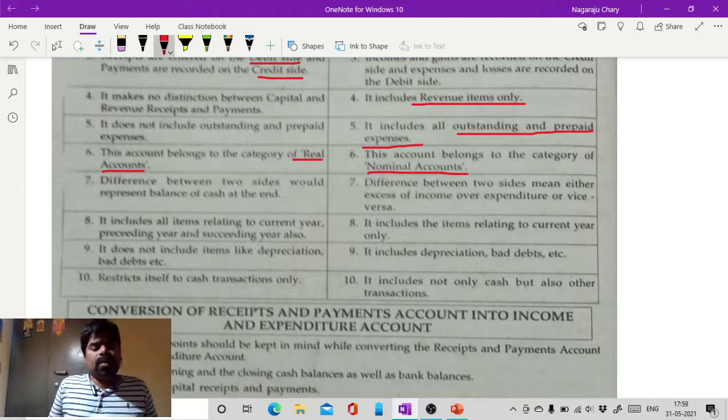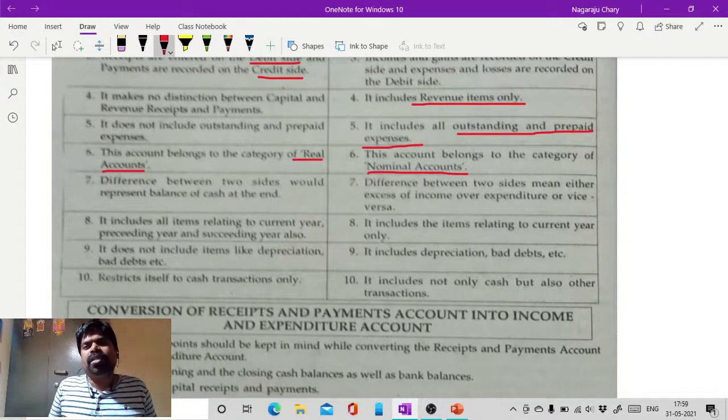Next, the difference between two sides represents the balance of cash at the end. The closing result of the receipts and payments account would be the closing balance. The closing balance may be a cash balance, a bank balance, or sometimes both. Whereas the difference between two sides in the income and expenditure account means either an excess of income over expenditure or vice versa, which we call surplus or deficit.